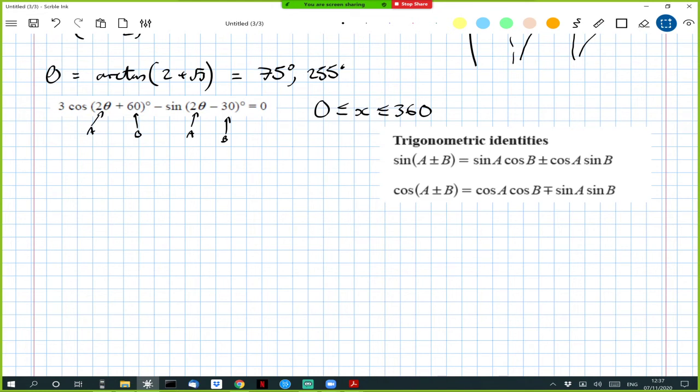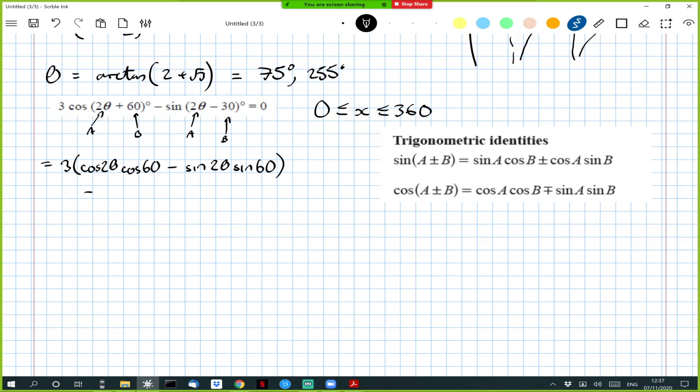So expanding the first one, we'll get 3 lots of cos 2θ cos 60 minus sin 2θ sin 60.